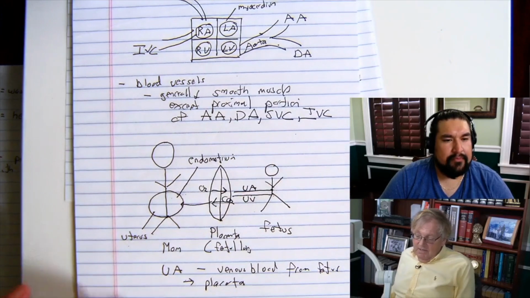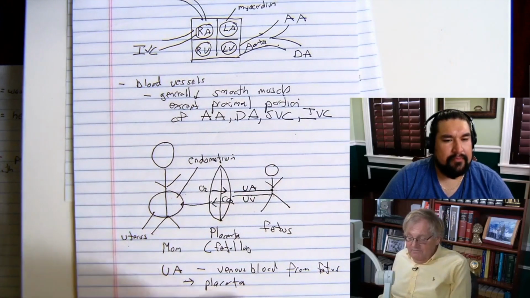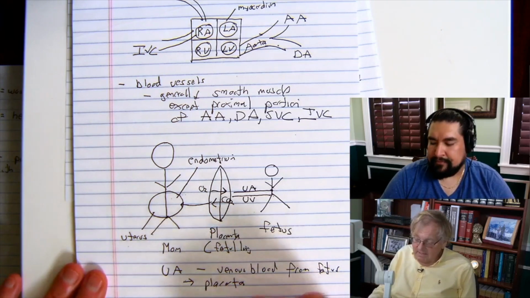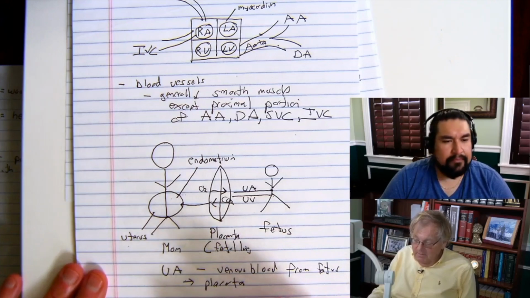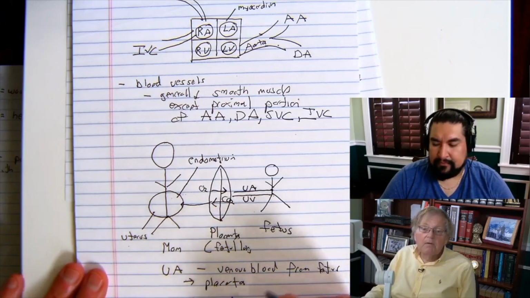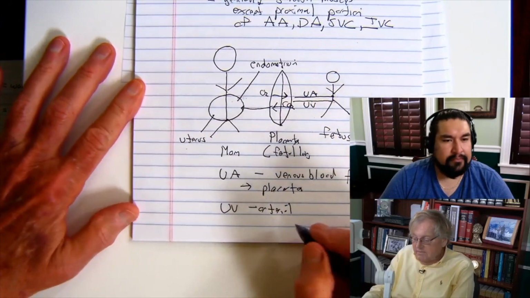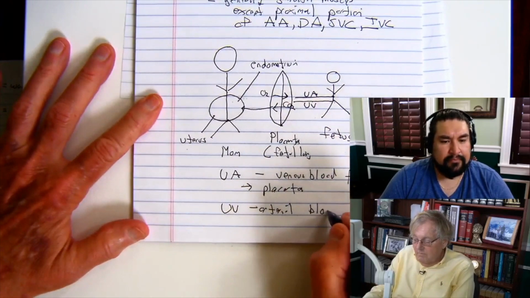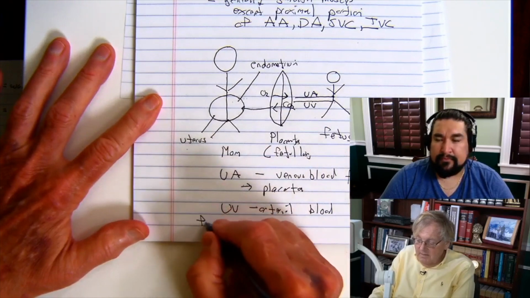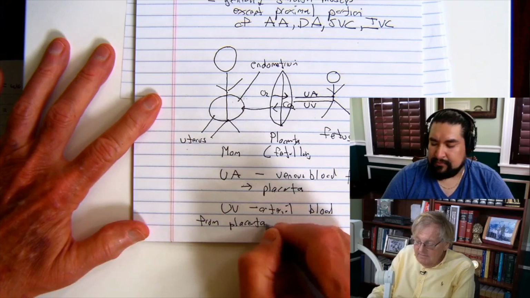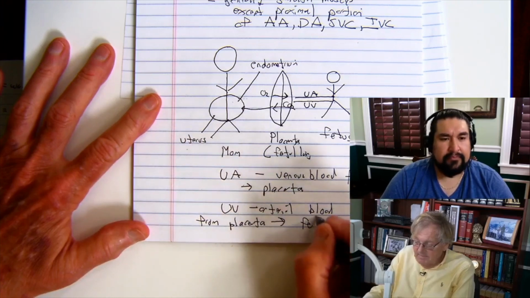So the umbilical artery is going to take venous blood from the fetus into the placenta, and the umbilical vein is going to take arterial blood from the placenta back into the fetus.